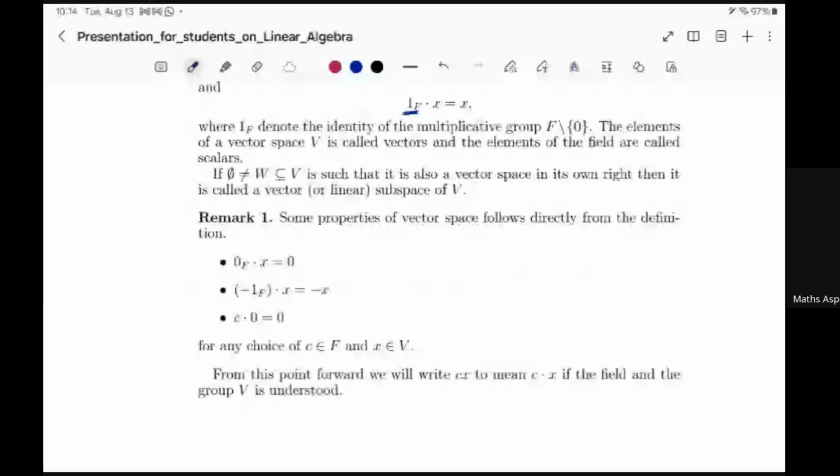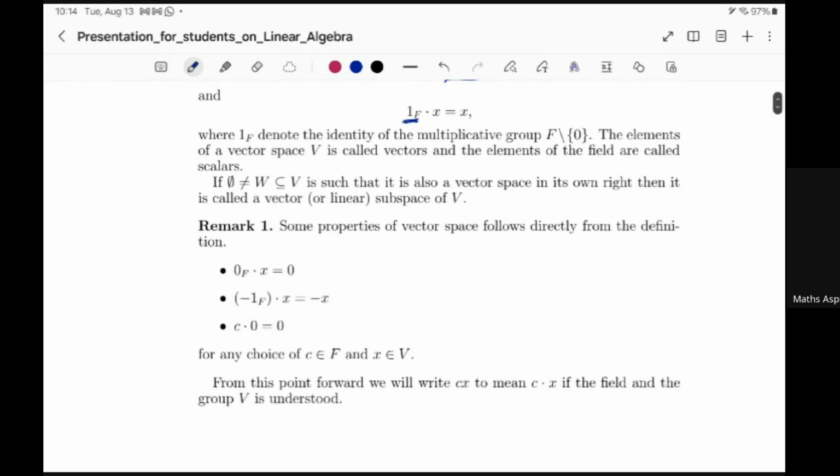So if you, of course, haven't studied field theory or anything, you don't really need to know a lot about the field itself. You can make sense of all of the things that I'm saying if you just consider F to be Q or R. Everything will make sense. So there is no need to have some specific knowledge about fields.